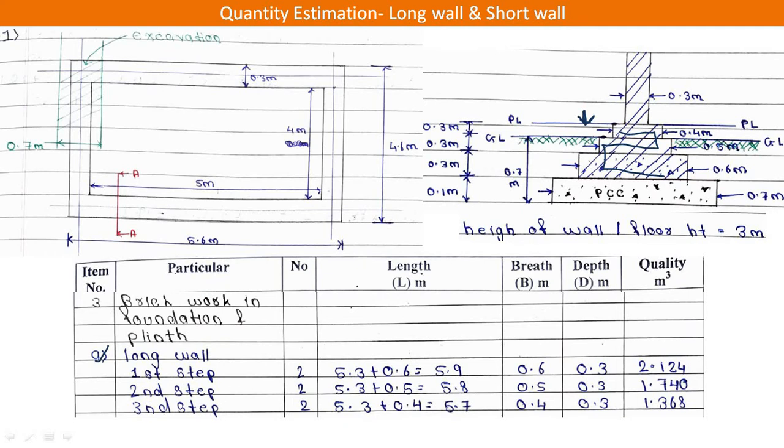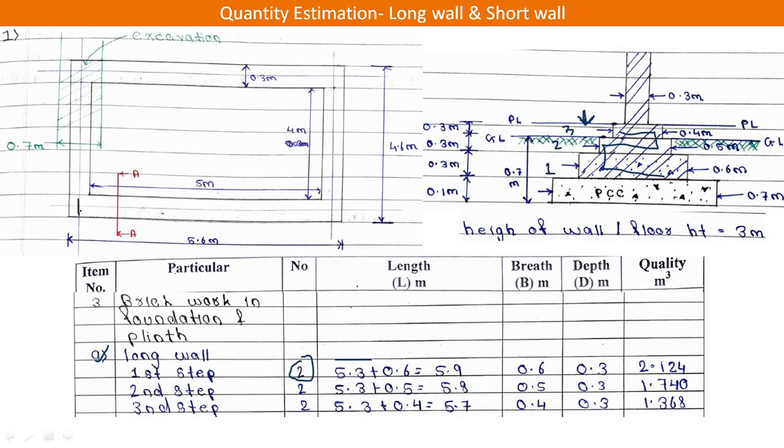First for the long wall, we have to take it as steps. I have taken this as step 1, this as step 2, and this as step 3. So for the long wall, step 1, the number of long walls is 2. The center line length is 5.3 meter.